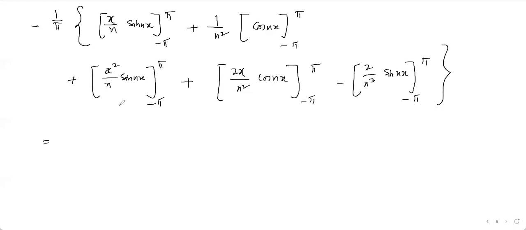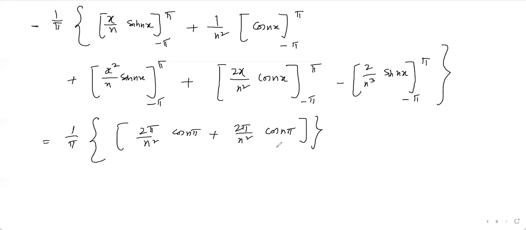Now when you apply the limits for the following terms, we get only the ones which are available, which are two pi by n cos n pi plus 2 pi by n squared cos n pi, and the rest of the terms are 0.